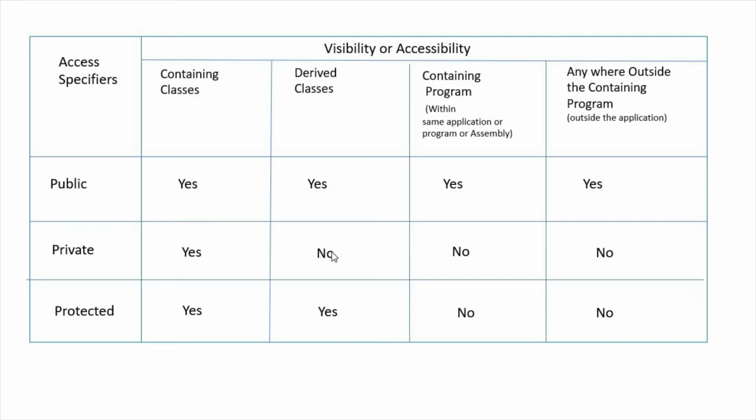In derived classes, no. In the containing program, no. It is accessible only in the class in which it is declared. It is not accessible in a derived class. It is not accessible in another class, even if the class is present in the same program. Let's see with an example.